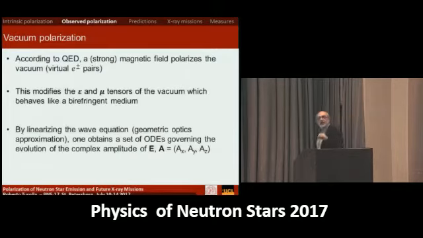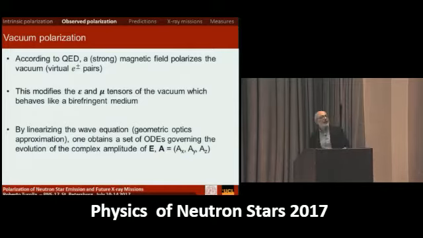Of course, the rotation of the Stokes parameters is not the only effect which contributes to make the observed polarization signal different from the intrinsic one. The second very important one is the magnetized vacuum which fills the space around a neutron star.